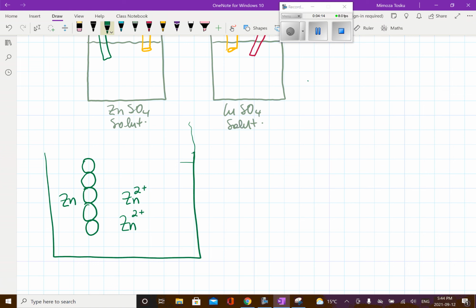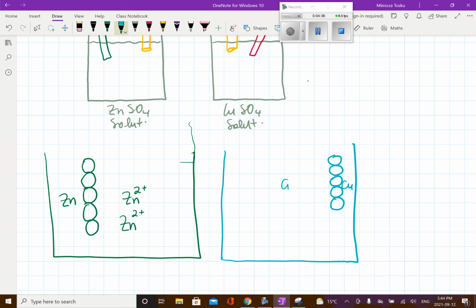So this is what we have in the zinc solution with a plate. And then on the other one, the copper sulfate solution, we have the copper atoms and we have copper ions from the copper sulfate. Because when we have a solution, copper sulfate, being an ionic compound, will be dissociated into ions.